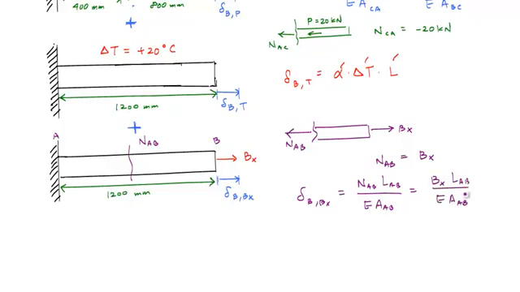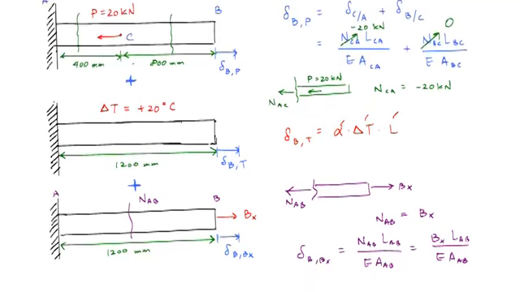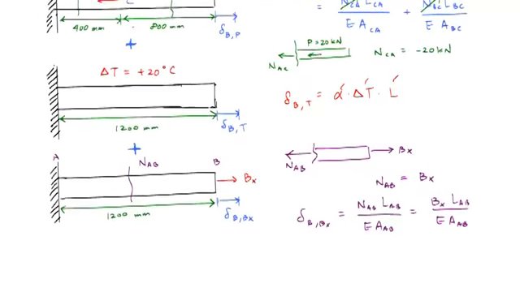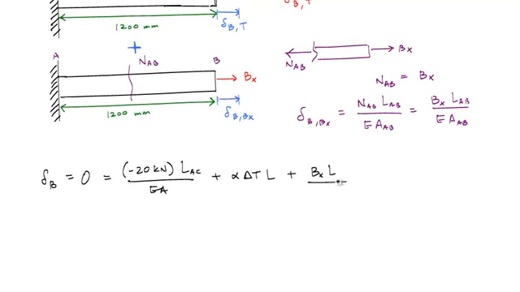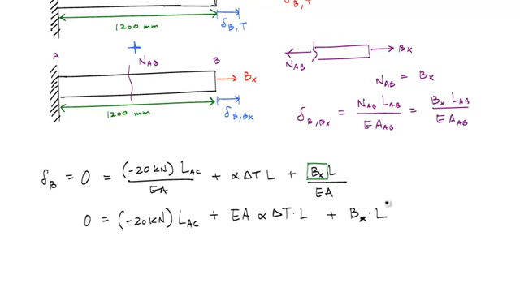Alright, so now I have all the different components of the deformations at B due to the different loads or the redundant, and now I just put them back together by my compatibility equation up here. So by plugging and chugging into my compatibility, one equation, one unknown, and if I multiply through by EA, and divide by the length, I can just go ahead and solve for Bx.